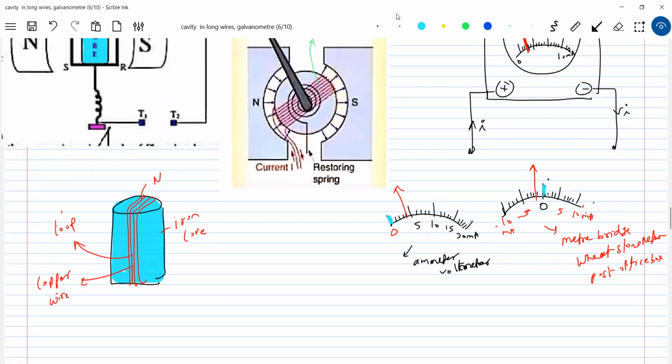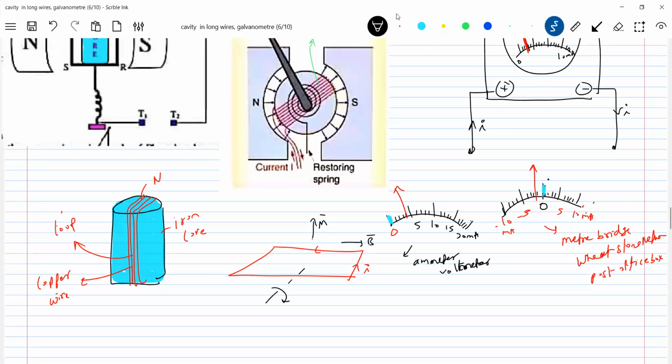If there is a current carrying loop with n turns, and this is I, this is M bar, and this is B bar. Tell me how the loop will rotate. The loop will rotate like this. If I pass a current I, then what is the equation you are going to write? Torque equals M bar cross B bar.